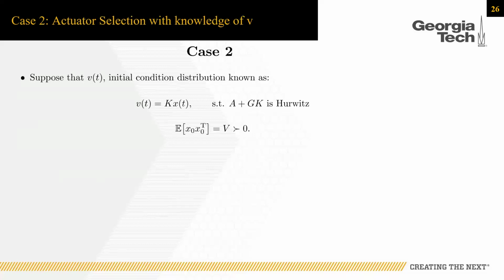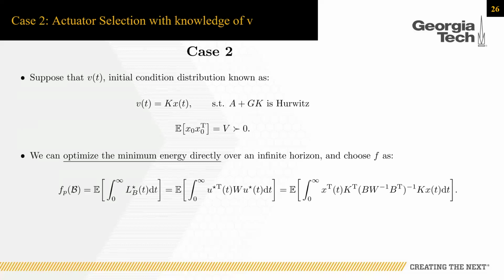And case two is, of course, when I know V. Okay, and so suppose that V is given by KX(t), such that your A plus GK is stable. Okay, and then the initial distribution condition is given by this guy over there. Okay, so then what I can do is I can pick F to be that.